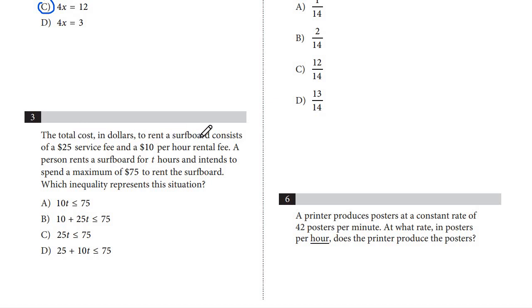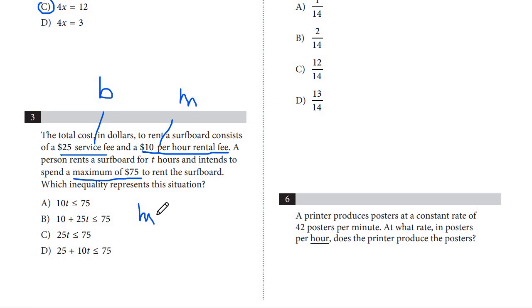So the total cost in dollars to rent a surfboard is a $25 service fee and a $10 rental fee per hour. So that's classical mx plus b format, where m is always the slope, right, where you have an increase per hour, and the service fee is your y-intercept b, that gives you a set fee.